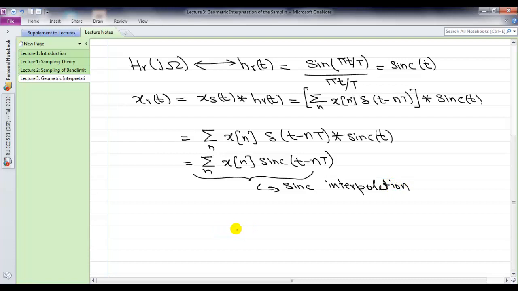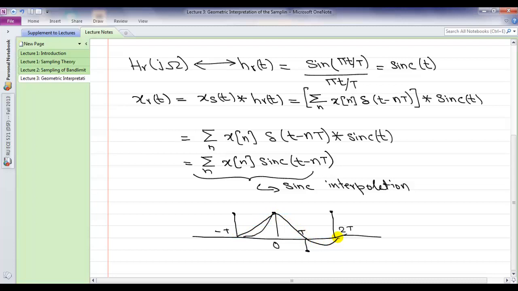And this formula is called sinc interpolation. Effectively, what is happening is that we have these samples that we collected from our original signal, at 0, T, 2T, minus T. And at each sample, we are putting a sinc down, which is supposed to pass through these other points. The zeros of this sinc are at the other sample locations.